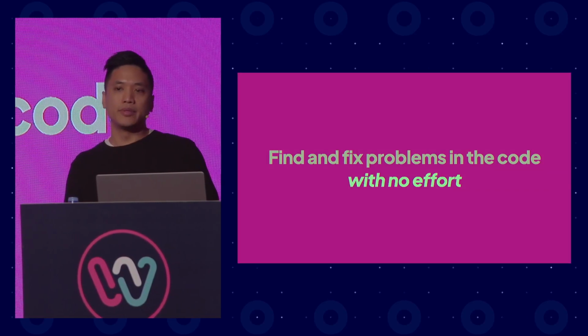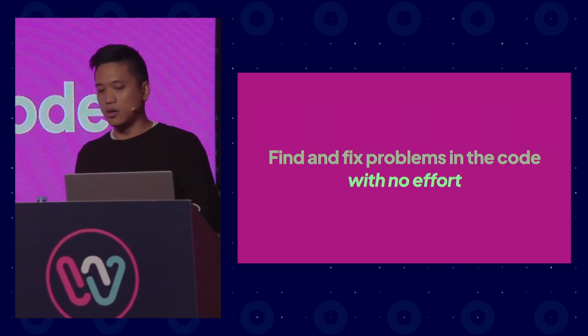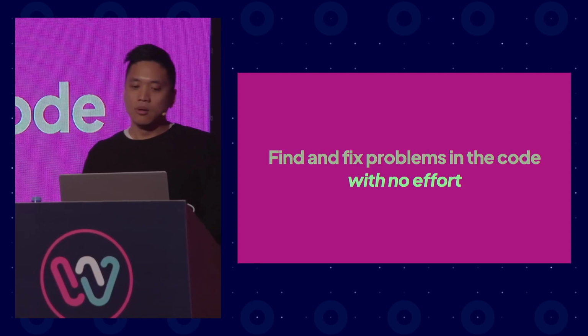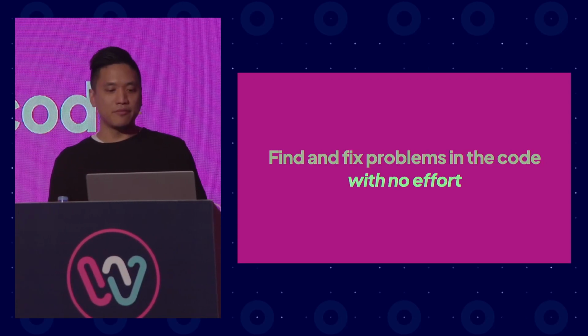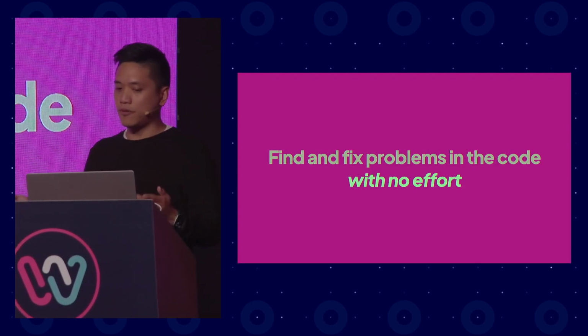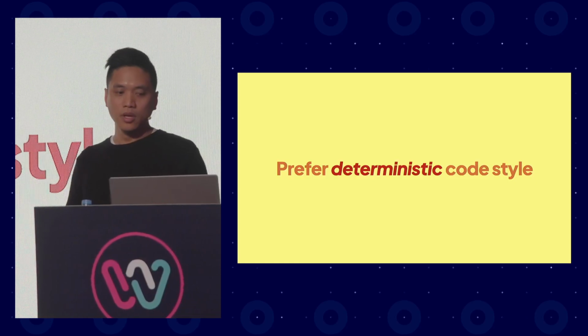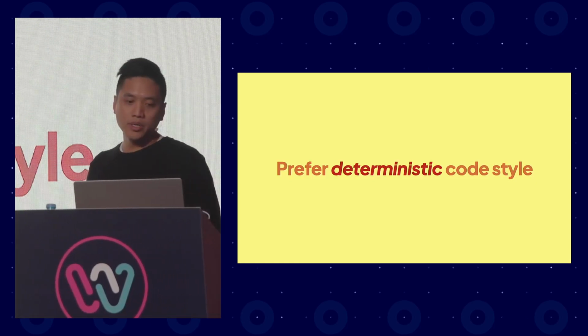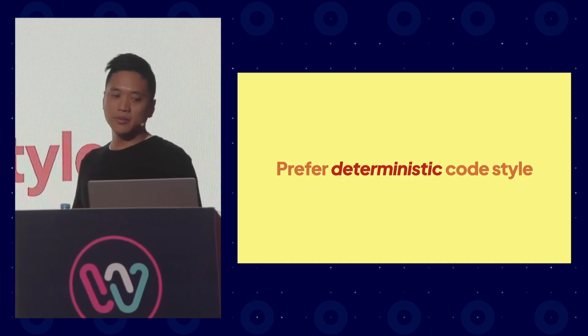They aren't supposed to just set guidelines or rules for certain things. More important, in my opinion, is that they should find and fix any syntax or formatting problems in the code without any effort from us. And personally, I prefer the code to be deterministic. What do I mean by that?